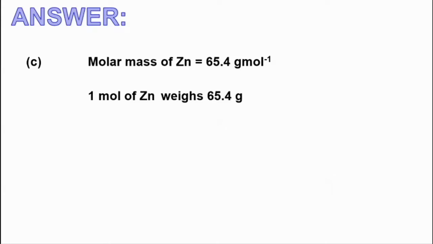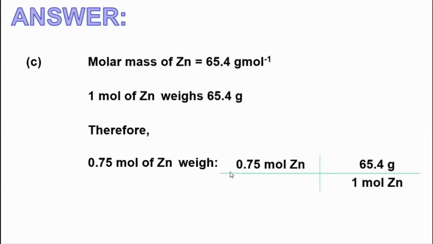In this reaction, we have how many moles? 0.75 mole of zinc. So 0.75 mole of zinc should weigh how many grams?